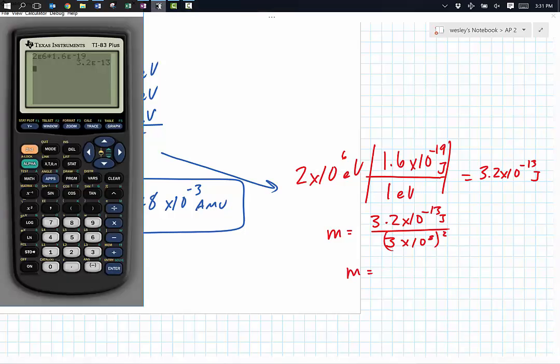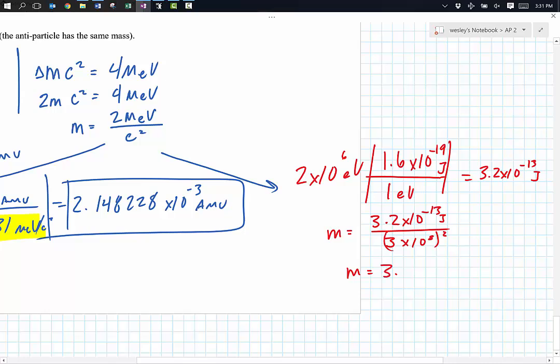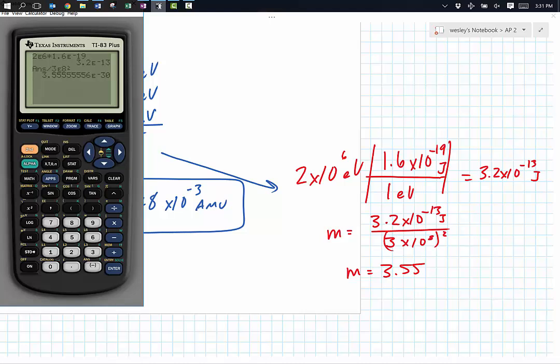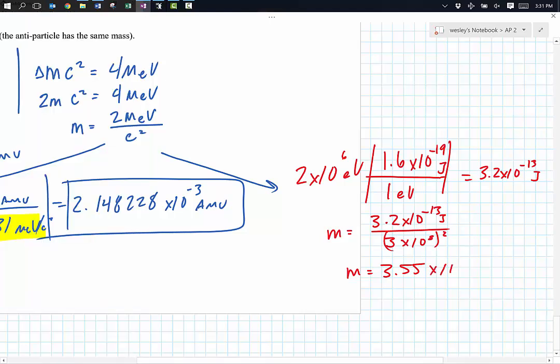So take that and divide it by 3 times 10 to the 8th squared. We get 3.55 times 10 to the negative 30th kilograms.